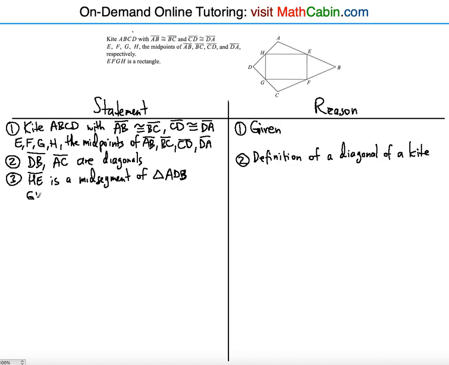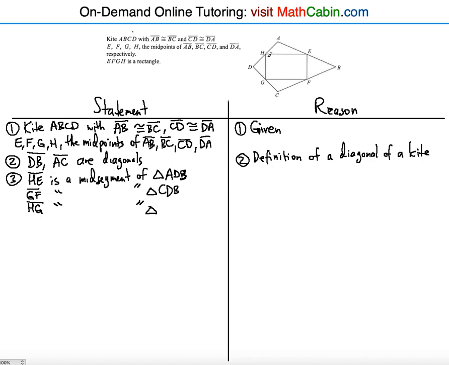So we will have GF as a mid-segment of triangle what? Let's see. GF is this one, so we're talking about triangle CDB. Now the next one will be HG. HG is a mid-segment of triangle what?